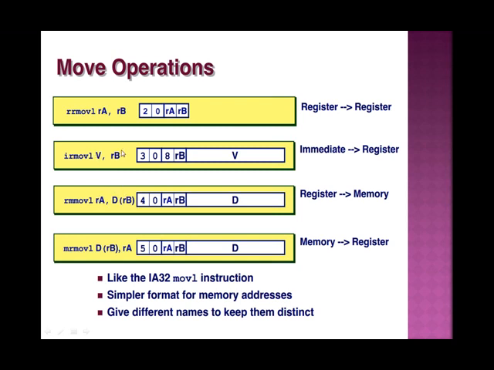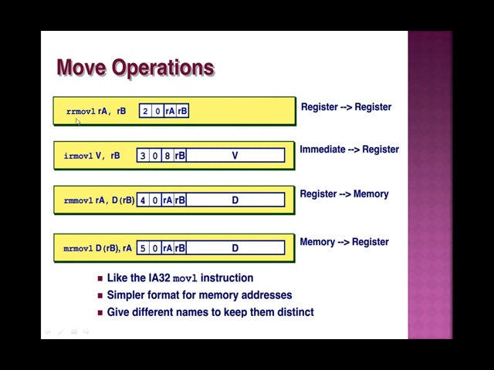Move the immediate to the register. Move the register to the register. This is RA, RB. So move from one register to another register. Move from one variable, that is immediate, to another register. Move from register to the memory, that is denoted by D. Then memory to register.